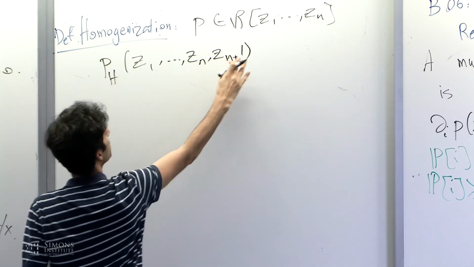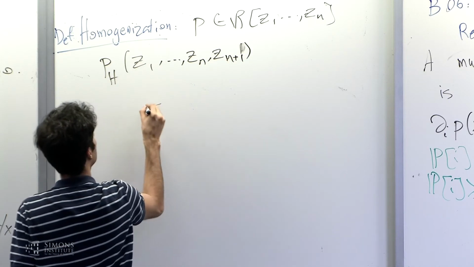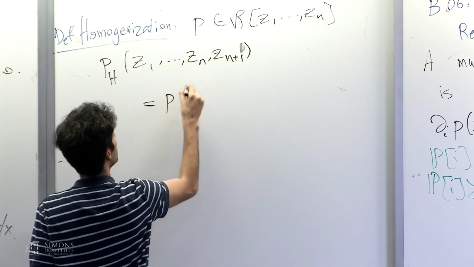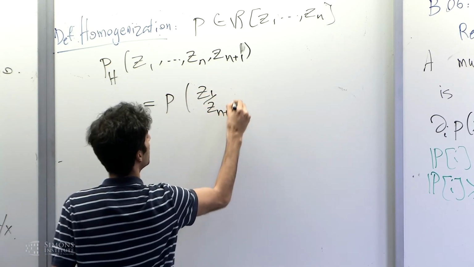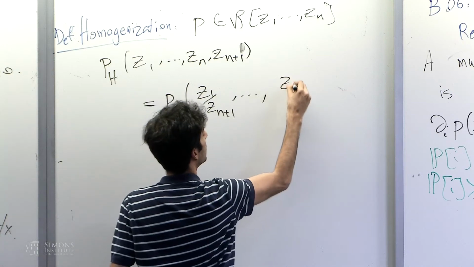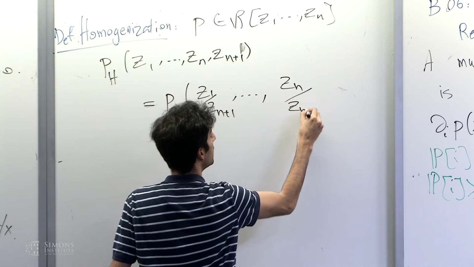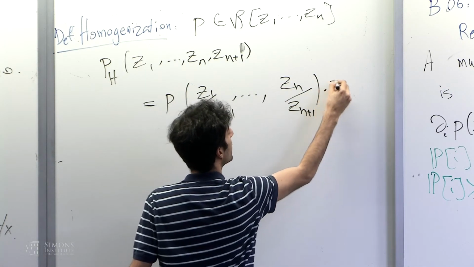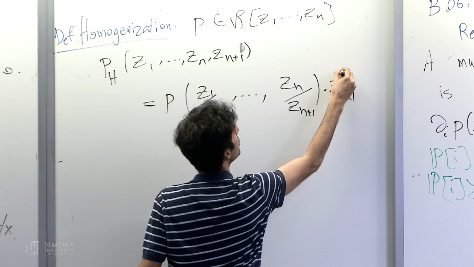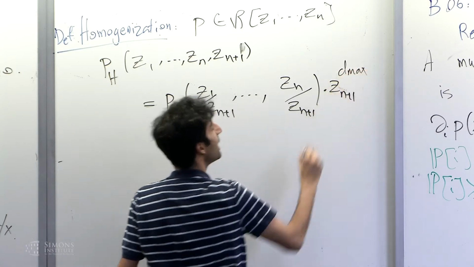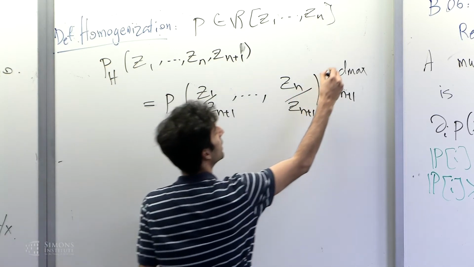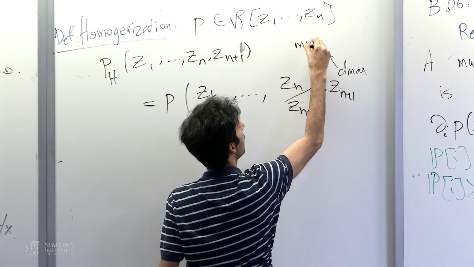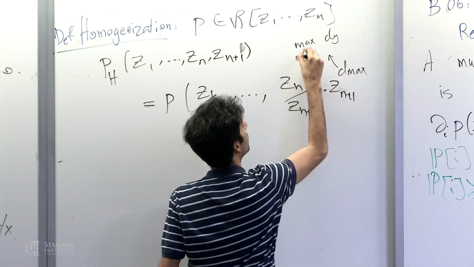It is defined as P of z1 over z of n plus 1 all the way to zn over z of n plus 1, multiplied by z of n plus 1 to the d max. By d max, I mean the maximum degree of all monomials of P.